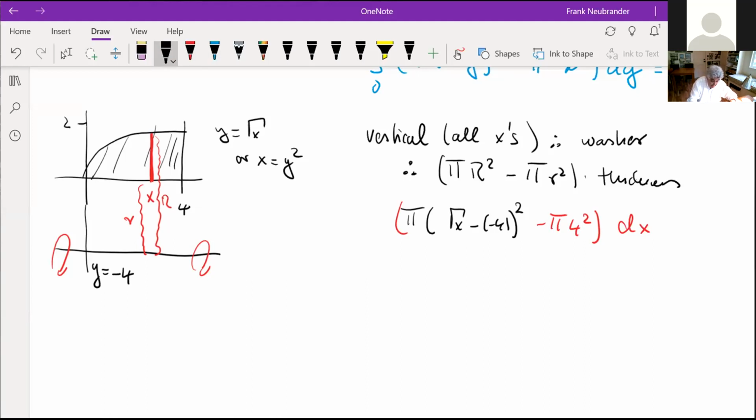And you do this for all x between 0 and 4. And that will give you the volume. And again, use the definite integral command on your calculator, and figure out what this is.